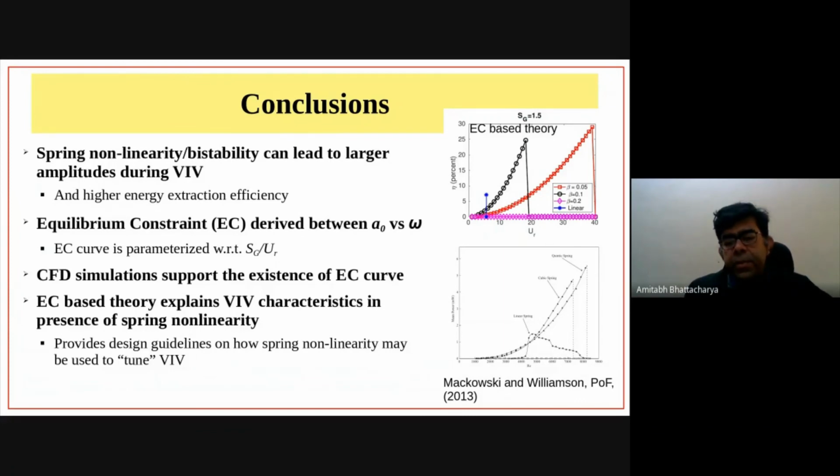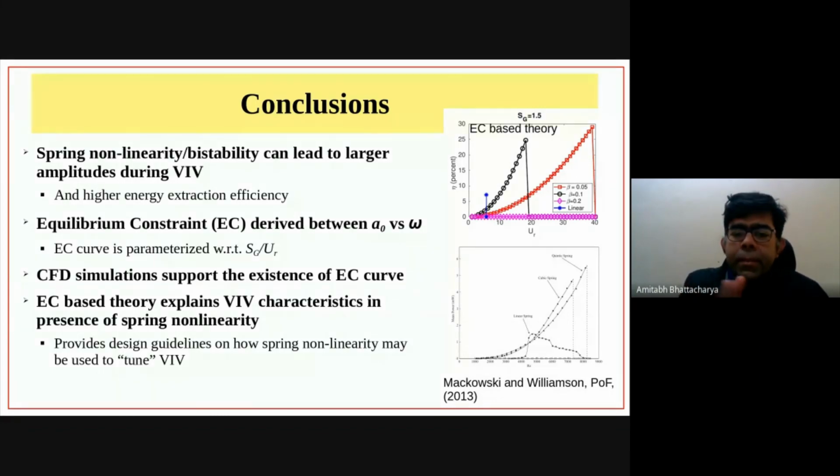The reason it happens is that when you have nonlinear springs, as you increase your flow rate, your cylinder is able to increase its amplitude, and it's therefore able to make the spring effectively stiffer. Okay, because especially if you have hardening springs, as your amplitude increases, your spring becomes stiffer, and your natural frequency actually changes. So nonlinear springs can adapt their natural frequency as per the flow rate, whereas linear springs are not able to do that.